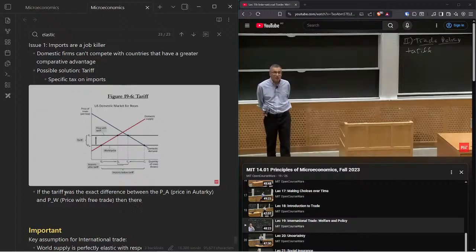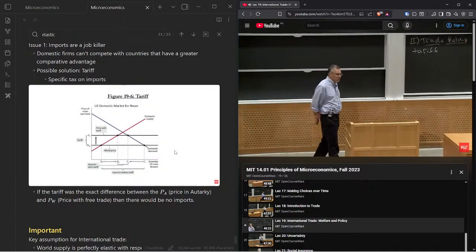If the tariff equaled that difference, there would be no difference. Yeah, or there'd be no imports in the US. But that's an uninteresting case.